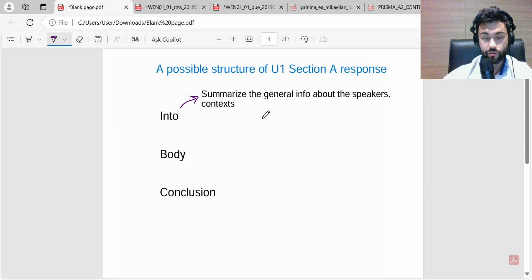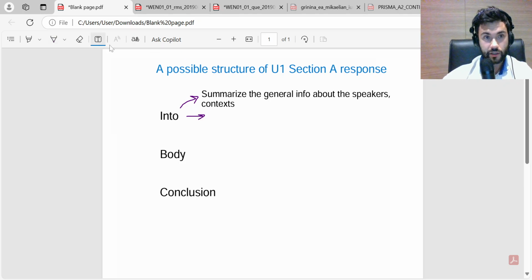So we can introduce the speakers, we can introduce the features about their identities, what we see from the information given in the task, before each of the texts, and so on. So we present a kind of a summary on both, maybe highlighting the similarities between the speakers and the contexts.